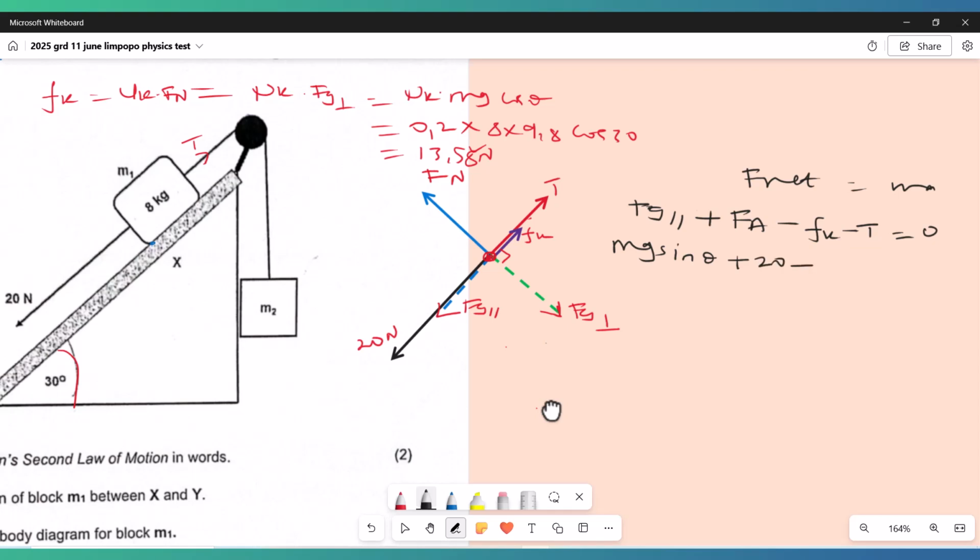Now here we have 13,58 equals T, which you're looking for. So the mass is 8.